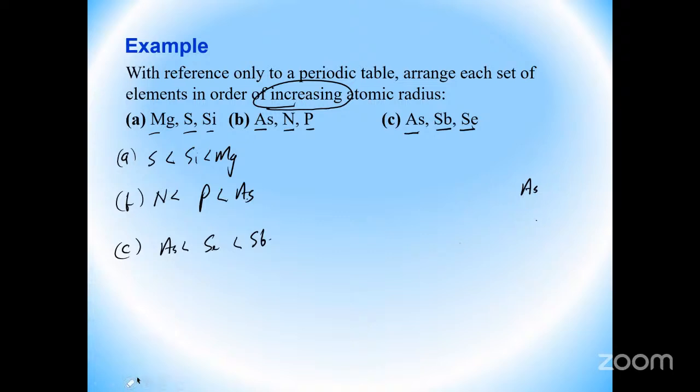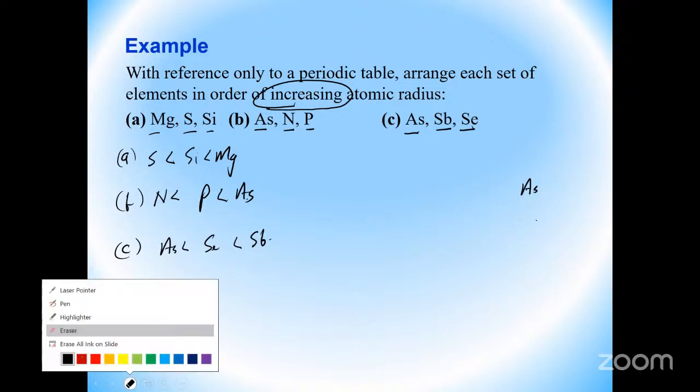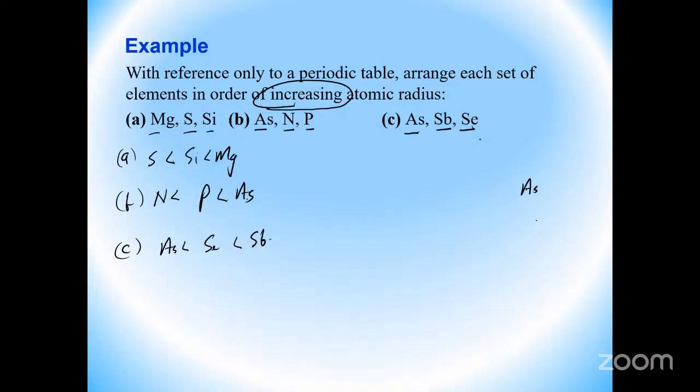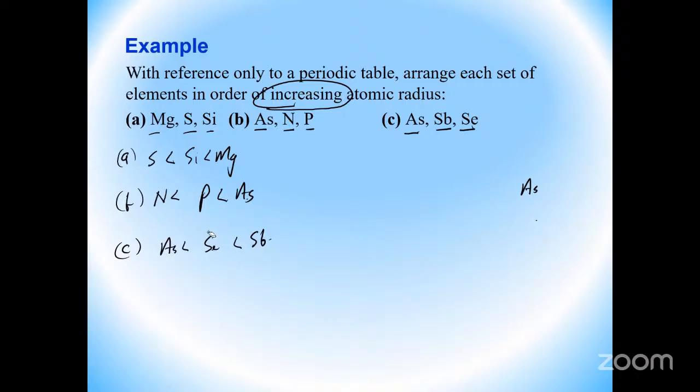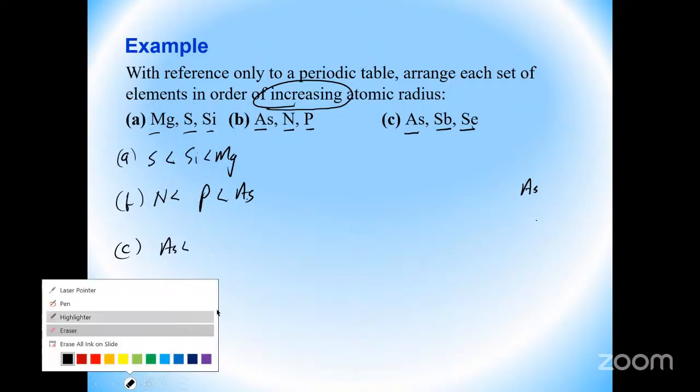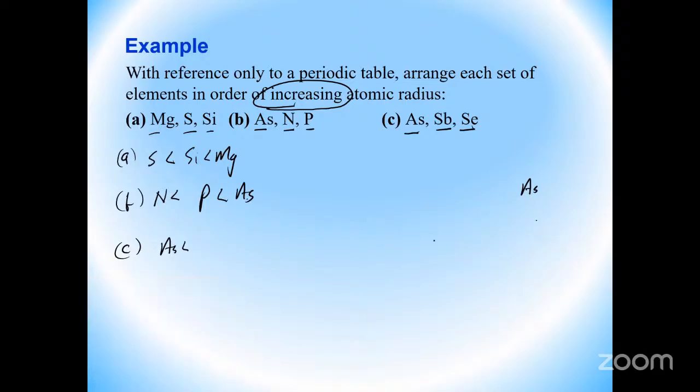It would be arsenic, then, oh, what am I doing? I erased the wrong thing. Remind me again: it was arsenic here, and to the right of it is selenium, and then antimony, right?